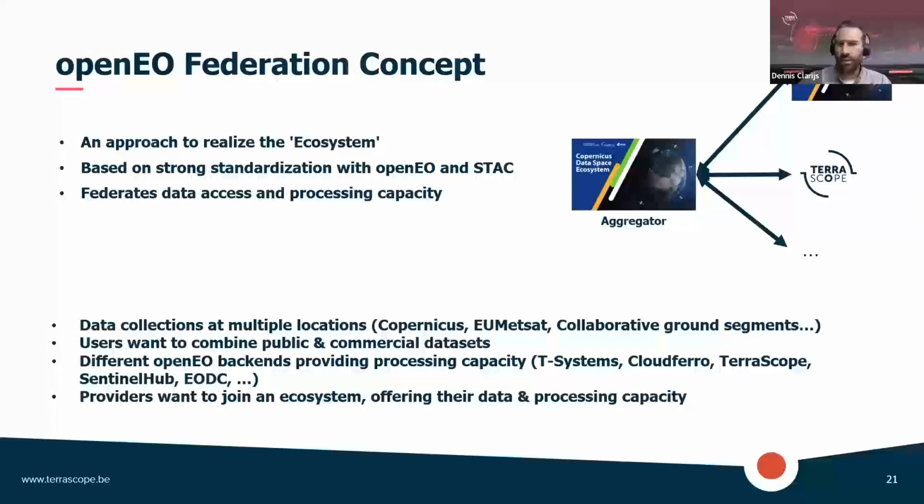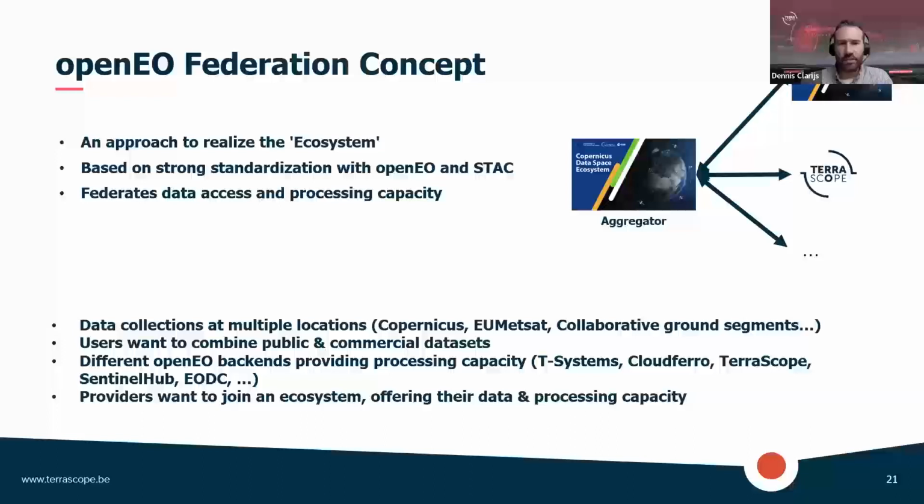Through this, what we call an aggregator concept, these data sets can be queried, processed, extracted, combined, and so on. And this is what we try to achieve using this aggregator concept in the Copernicus Data Space Ecosystem.